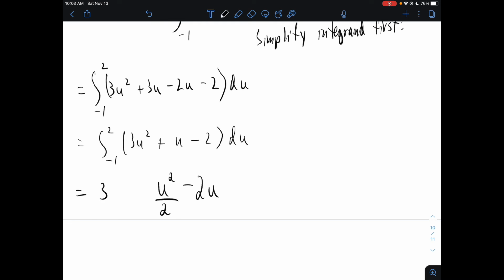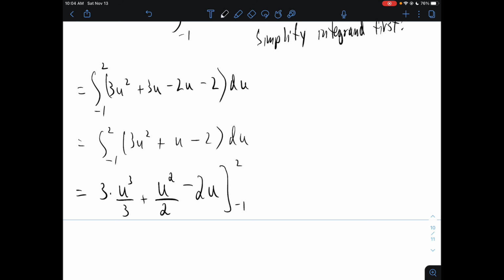And then 3u squared, the 3 can just carry on through. The antiderivative of u squared is u to the third, but I have to divide by that new power. That's essentially what we saw in section 4.9. That's the power rule for antiderivatives. And we're going to evaluate that at -1 and 2.